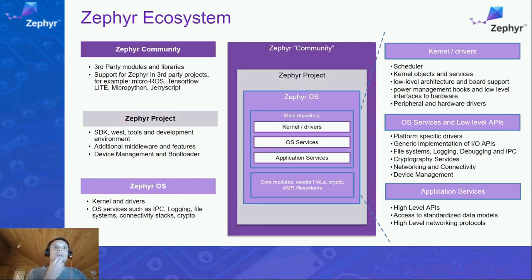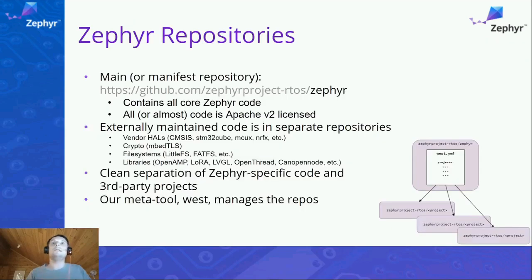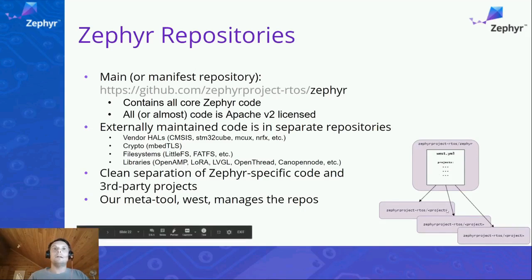So let's now talk a little bit about how the actual code is organized. I've tried to draw a small diagram here where you have the main repository and several ancillary or module repositories below. The main repository is the one you can find at github.com/zephyrproject-rtos/zephyr. This is what people traditionally call Zephyr.